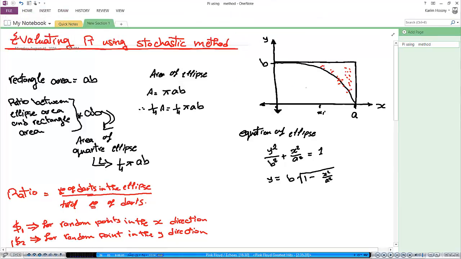Let's say I took only 5 numbers or something like that. Here the ratio is 100%. Here it's all different. As long as I increase my number of histories, I'll converge to the real value of pi.